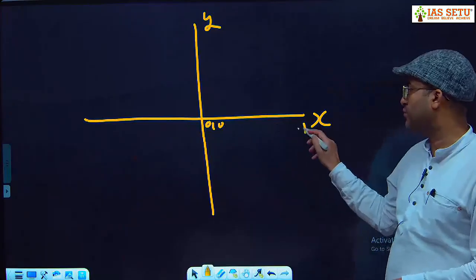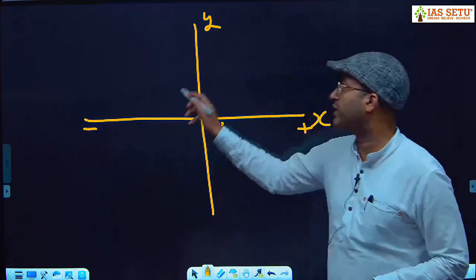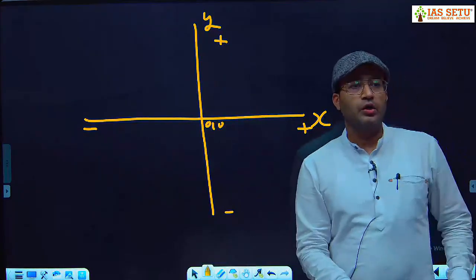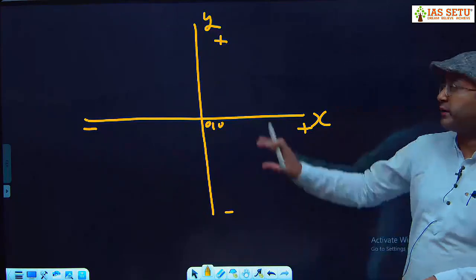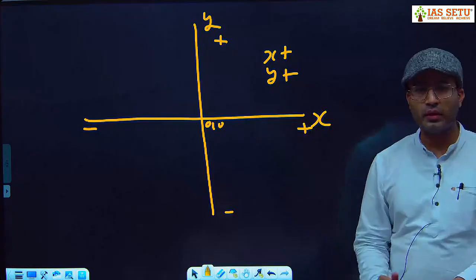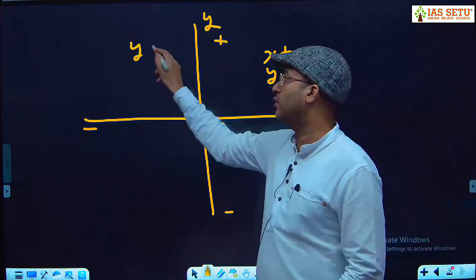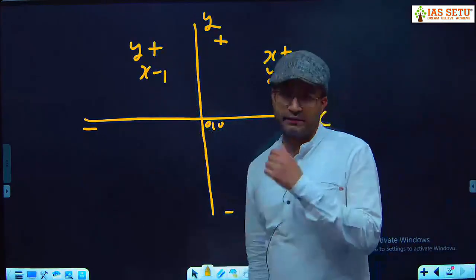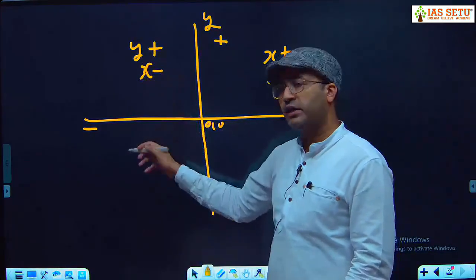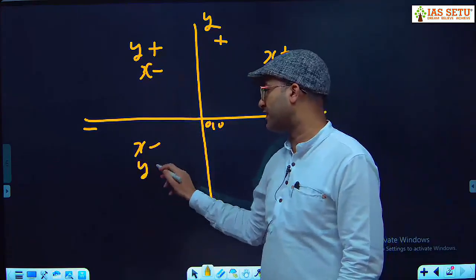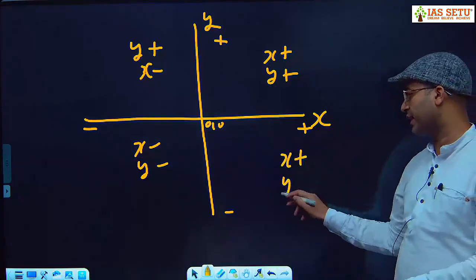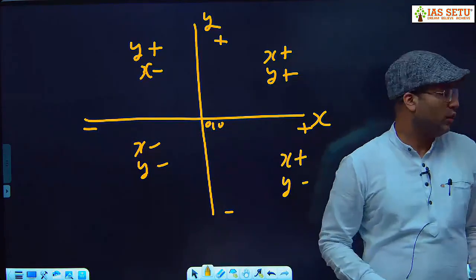This side we have positive values of x, here negative values of x, here positive values of y, here negative values of y. So we divide this into four quadrants. In this quadrant both x and y are positive; in this quadrant y is positive and x negative; here both are negative; in this quadrant x is positive and y negative.